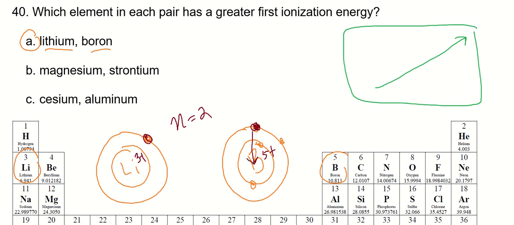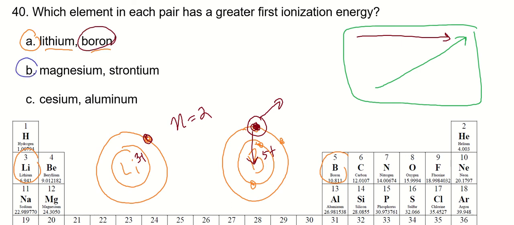So the outermost electron from boron is going to be much more attracted to the nucleus than lithium's valence electron. So it's going to be harder to remove. It's going to require more energy. That's the reason as you go across the period: Z increases, so the nuclear charge and the effective nuclear charge increase. So boron is the answer there.